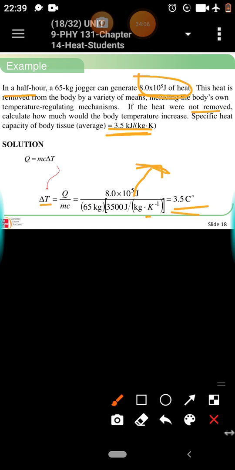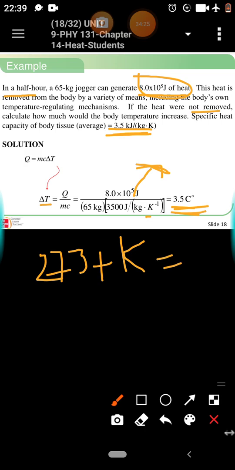So here they converted it to degrees. I think it's 273 plus or minus K or something, if I'm not mistaken. That's the formula to find degrees. Is it negative?